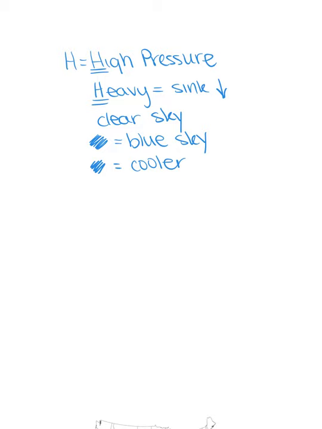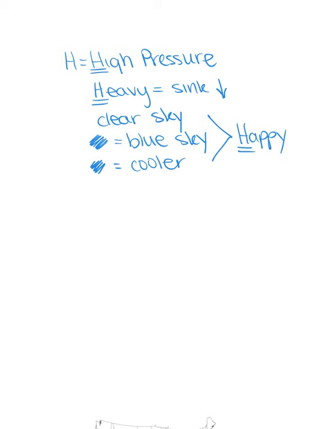Blue is just a color that represents cold. So this cooler breeze, clear skies, blue skies, all of that stuff, that is considered happy weather. Okay? That also starts with an H. So we can remember H is high pressure, heavy, sinking, clear skies, happy weather.